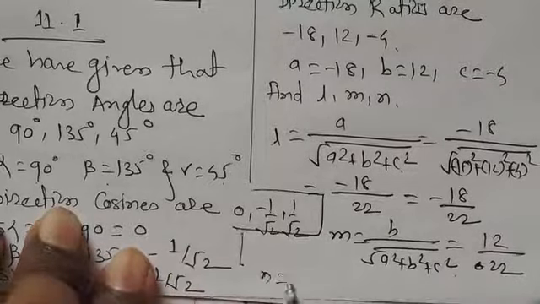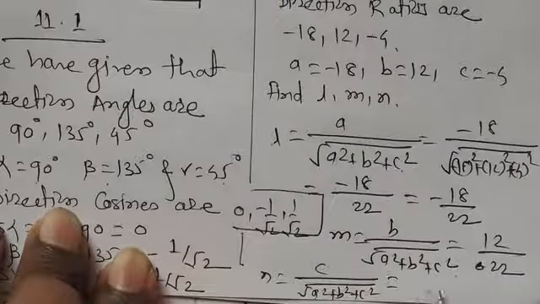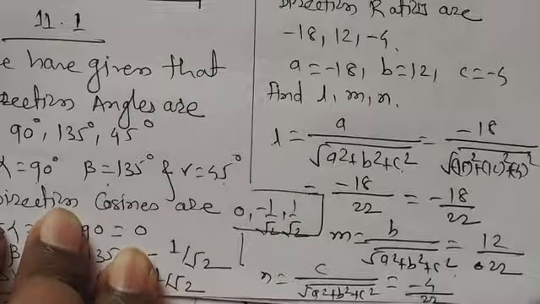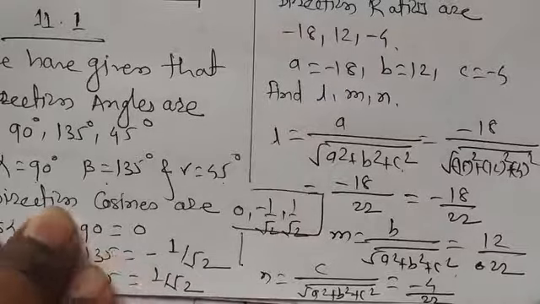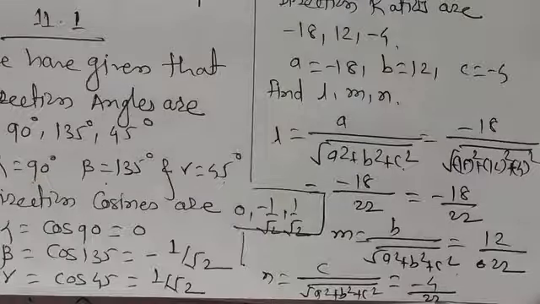And now N is equals to C upon under root of A square plus B square plus C square. C value is minus 4, so minus 4 upon 22. So the direction cosines are minus 18 by 22, 12 by 22 and minus 4 by 22. You can simplify it. Then the answer is minus 9 by 11, 6 by 11 and minus 2 by 11.